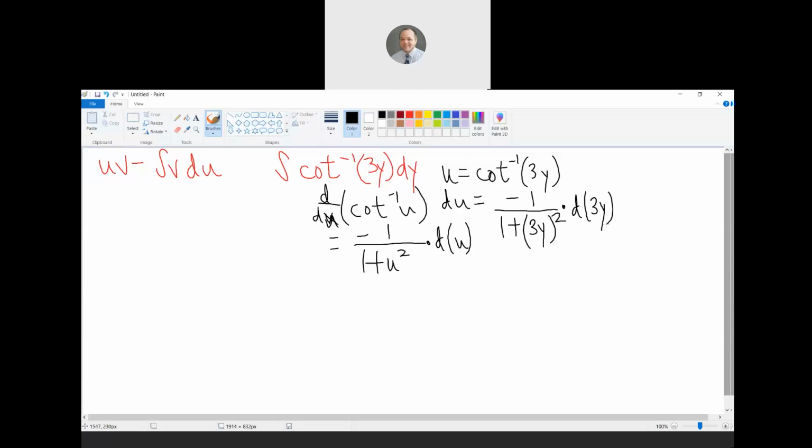The derivative of 3y is 3 times -1 gives us -3 all over 1 plus 9y squared dy.